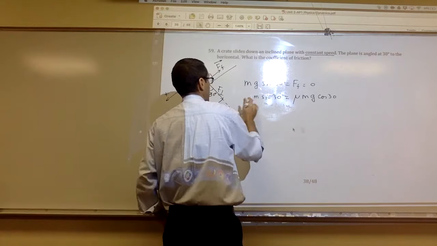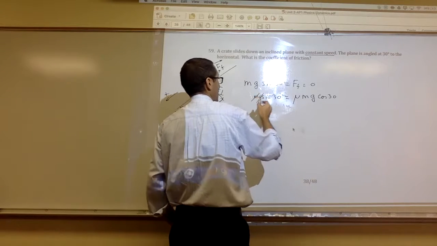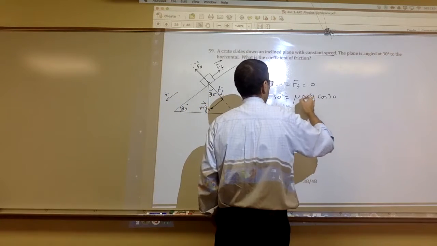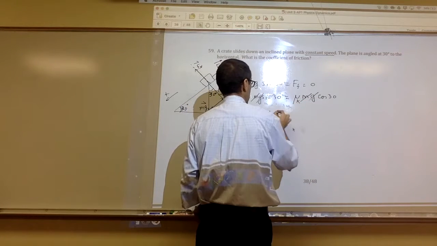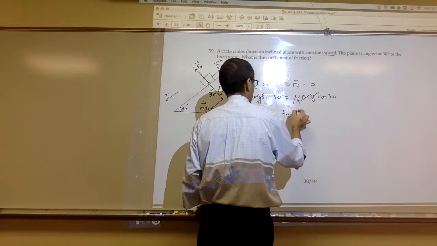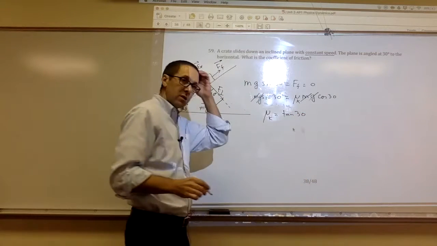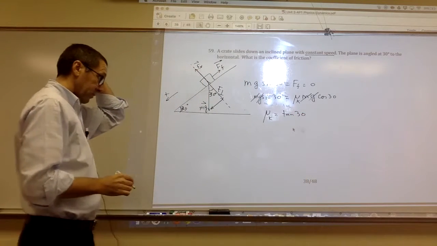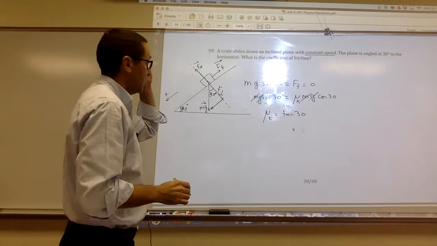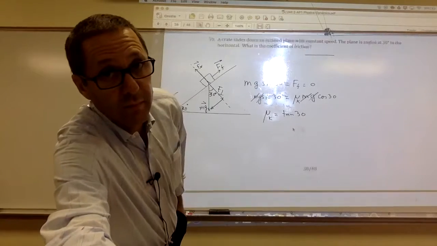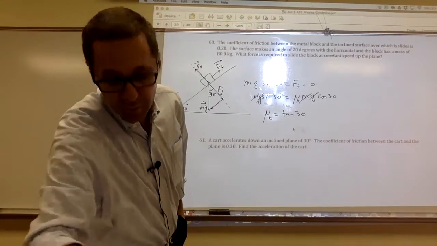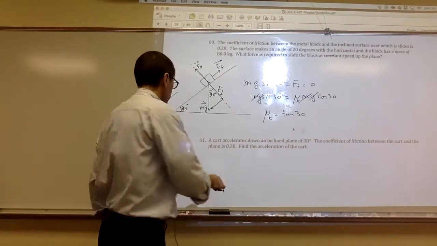Actually, I didn't have to do this. This is mg, so I can see that the m and the g go away. Right? So the mu kinetic is just tangent of 30 degrees. And I showed you this in the first video. Okay? So I said that mu is the tangent of the angle. And if you do the math there, you should get your answer.